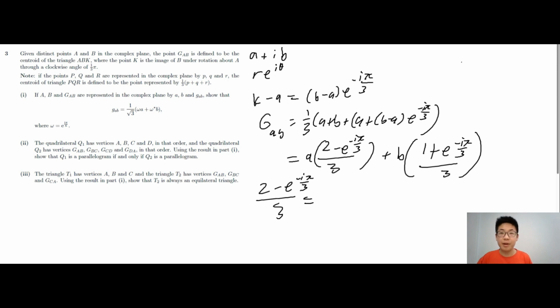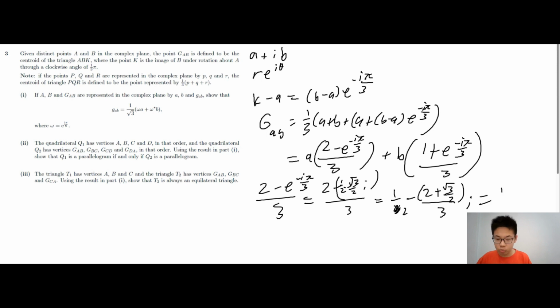So e to the power negative i pi over 3 equals half minus square root 3 over 2 i. So (2 minus e to the power negative i pi over 3) over 3 equals (2 minus half plus square root 3 over 2 i) over 3, which you can calculate happily equals 1 over the square root of 3 times omega.